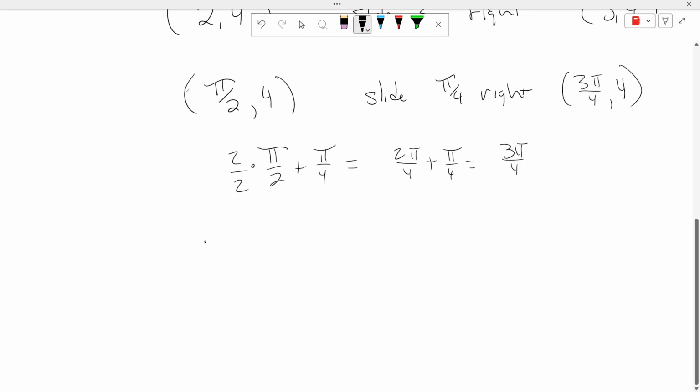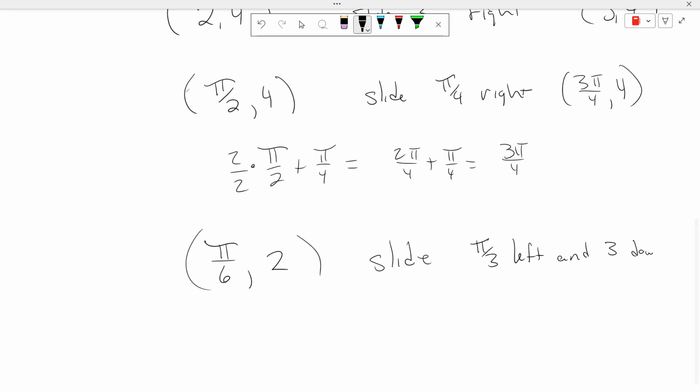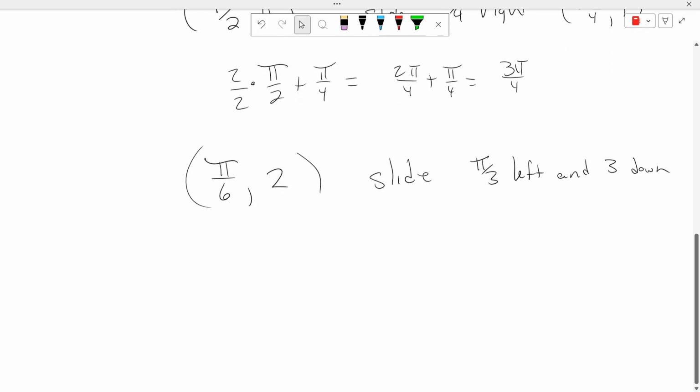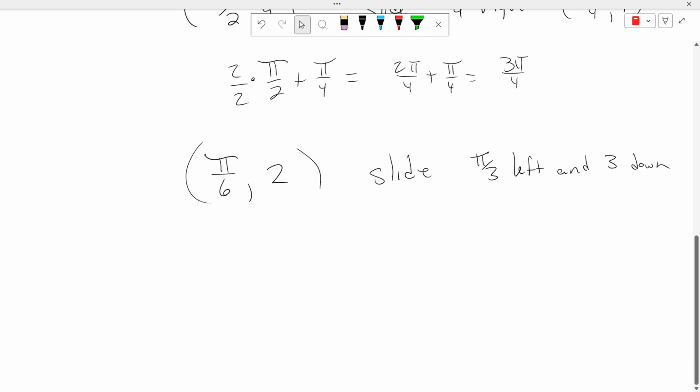So if we're at pi over 6, 2, and we're going to slide pi over 3 to the left and 3 down. Okay? The left affects the x, the down affects the y. Pi over 3 to the left, are we going to add or subtract? Subtract.